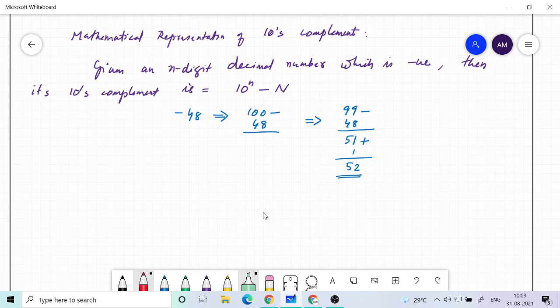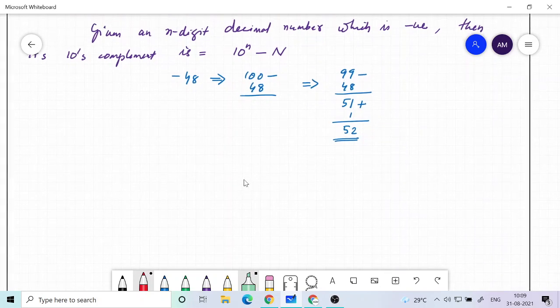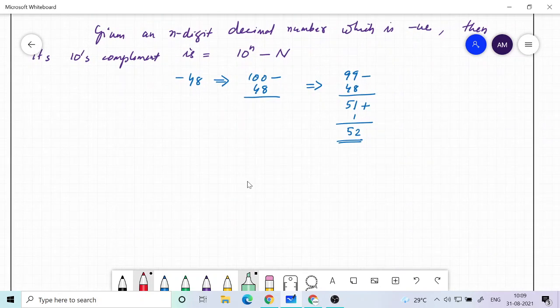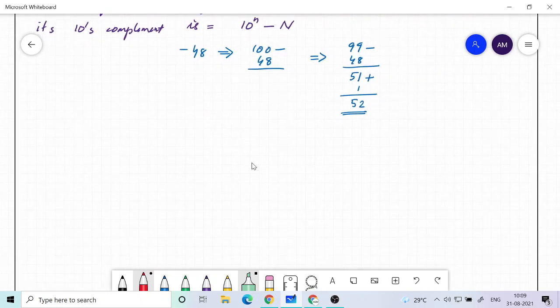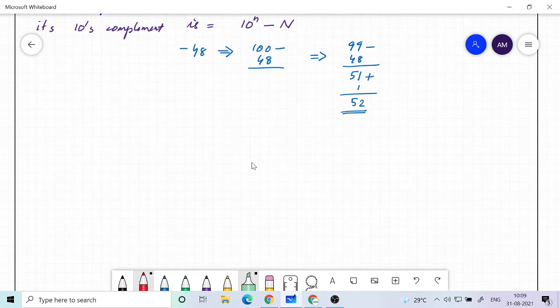So what is the advantage? Let's look at a case where we have an arithmetic operation using negative numbers.